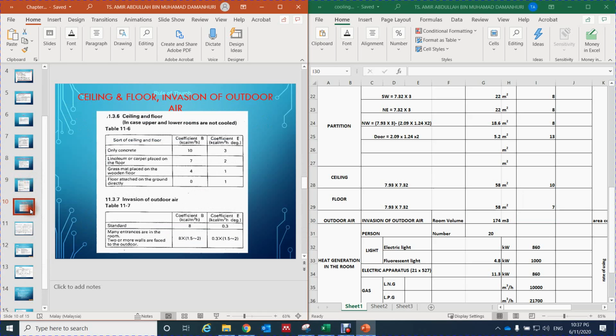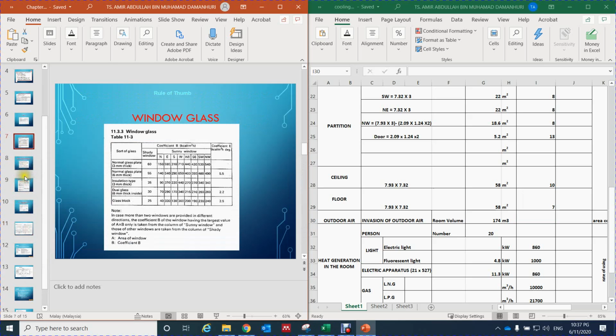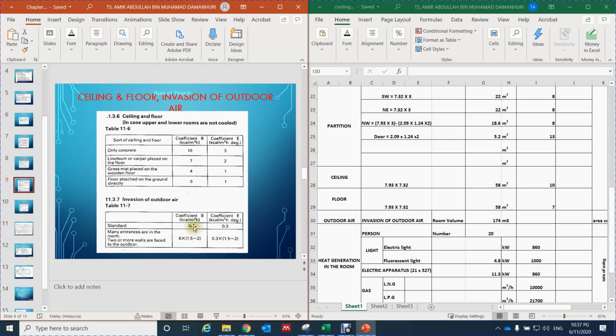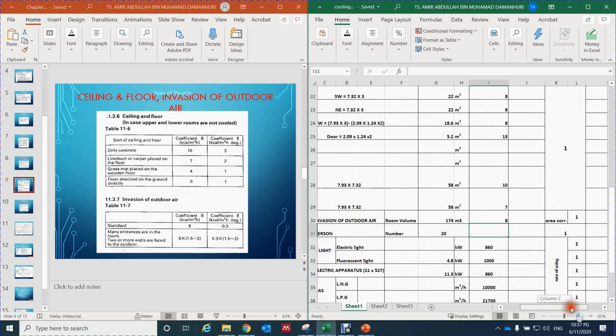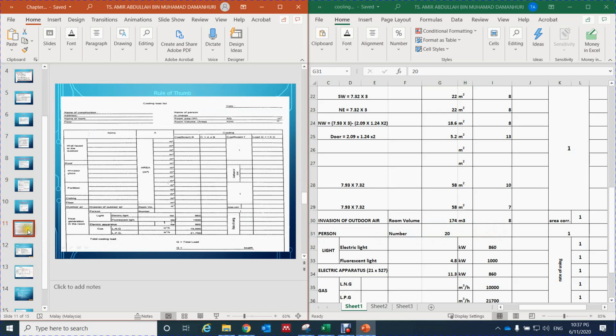Since it is already stated as a standard temperature area, we can choose 8 here for the coefficient of B. So for the person, we already have the number of persons here. Let's look into the person here. The number area correction is 1 here.